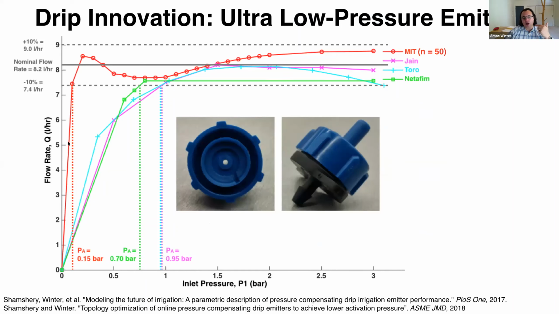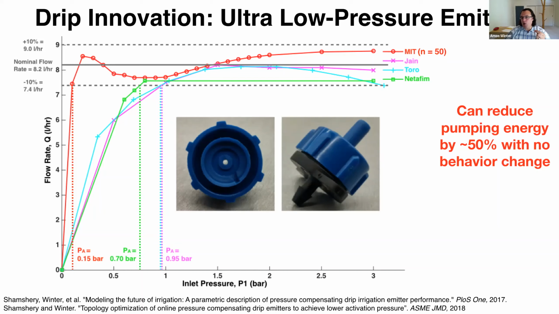And so here are results of our first generation of emitters that have an activation pressure, which is the first pressure to deliver the desired flow rate, at about 0.15 bar, which is about 85% less than the normal industry level of about 1 bar. Now, why these results were so exciting is that we can reduce pumping energy in a drip system by about 50% with no behavior change.